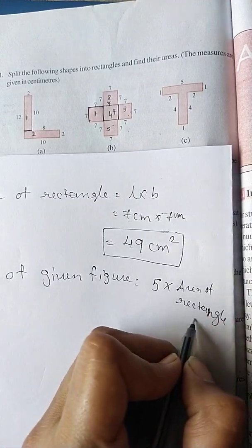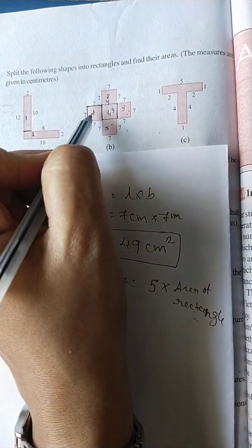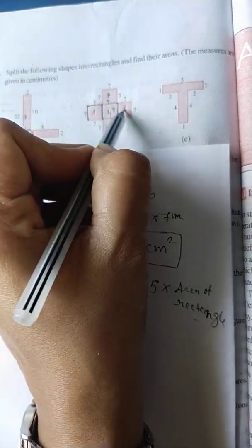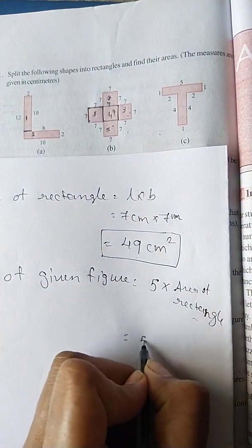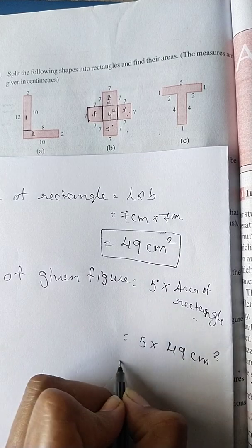Okay, 5 multiplied by area of rectangle. Why do we multiply with 5? Because we have the same 5 figures. 1, 2, 3, 4, 5. So 5 multiplied by 49 centimeter square.